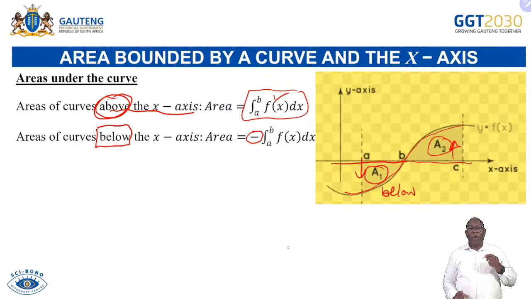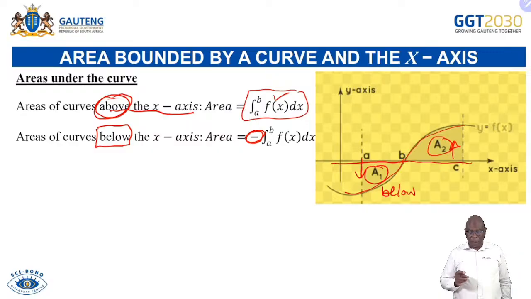So on all the questions that we have been doing previously, the values that we were getting for the definite integrals were positive, which meant that we were only doing the area above the x-axis. So we'll have a question where we do the area below, and then you will be able to see how we are going to deal with that negative.